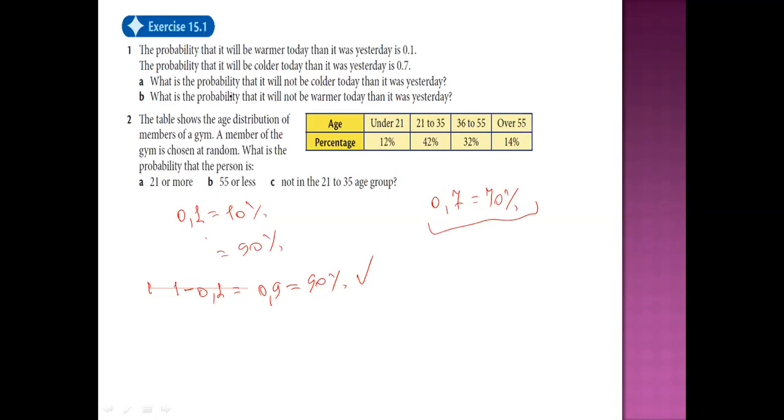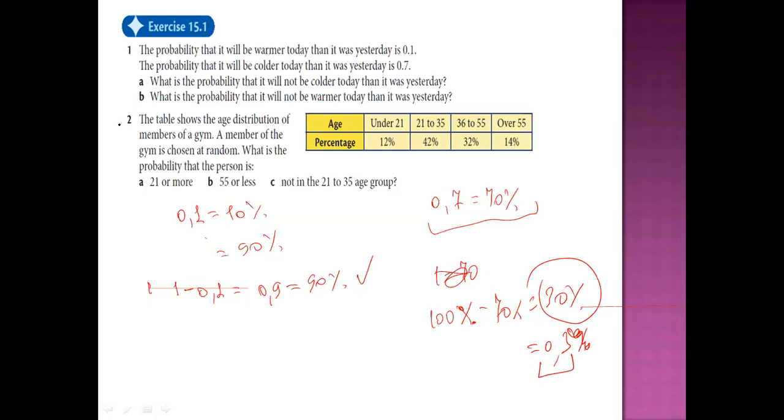What is the probability that it will not be warmer today than it was yesterday? Also 1 minus 70%, or 100% minus 70%, is equal to 30%, or in decimal form 0.3.